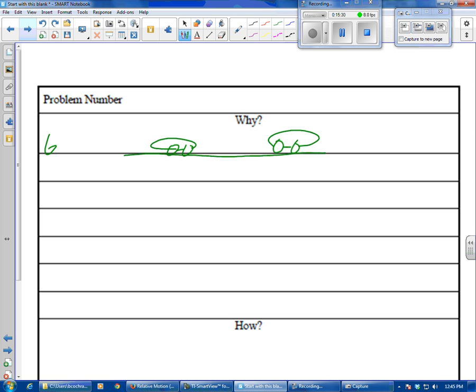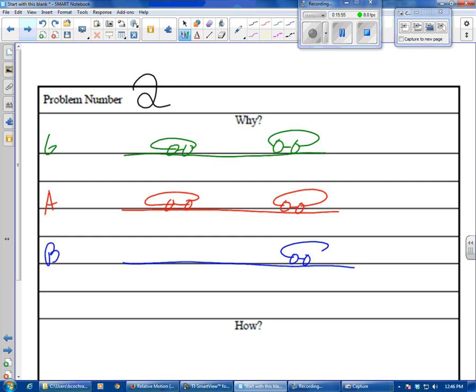Then we'll do it from car A's frame of reference. Problem number 2. And then we'll do it from car B's frame of reference. The cars are turning into looking like fixed wrestling cars.